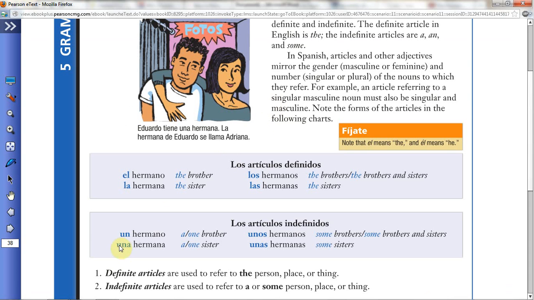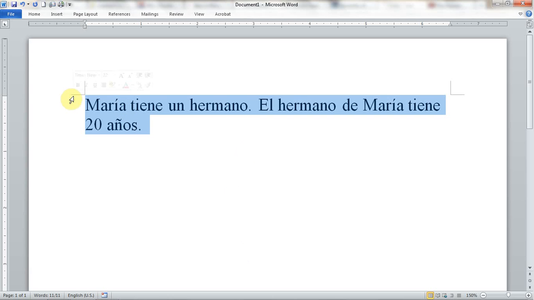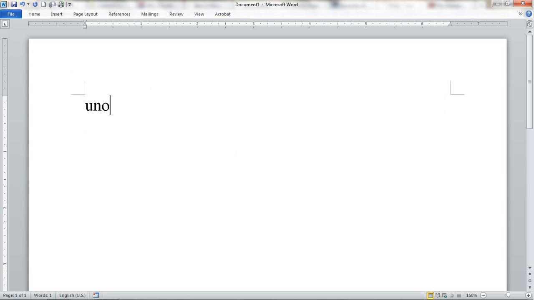In Spanish, un, or number one actually, número uno, let's look at that. Number one is the only number that can have gender and number in Spanish.